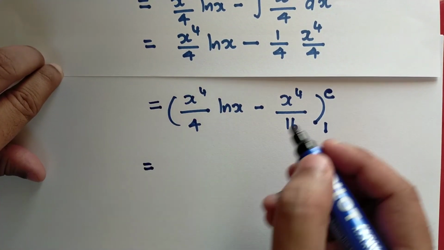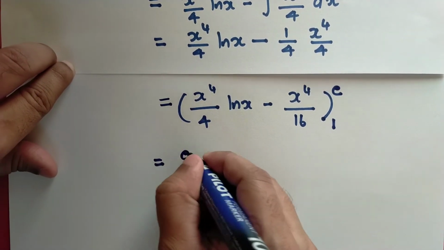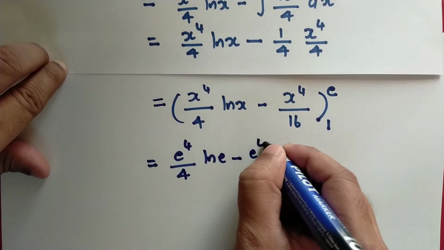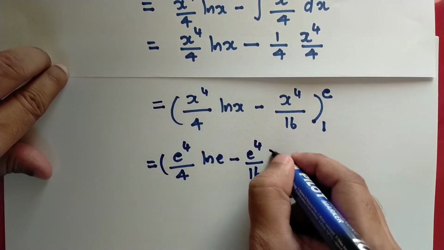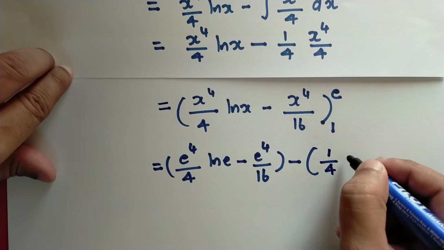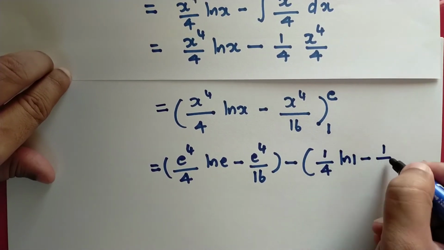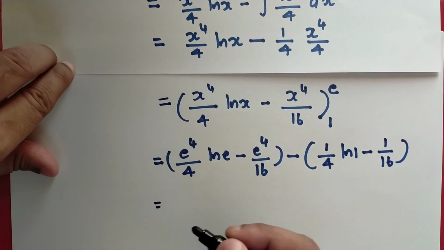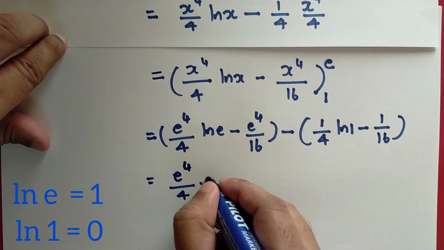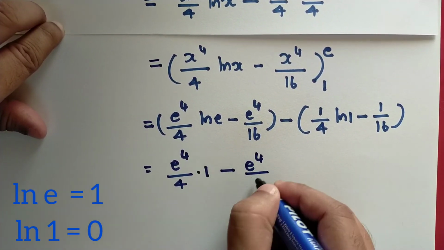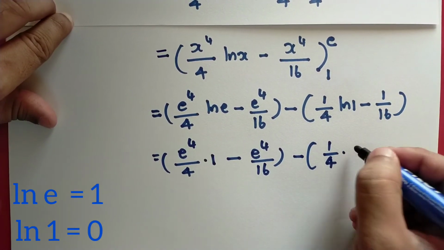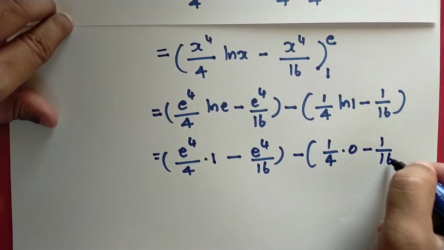So this is equal to, first we will substitute upper limit. So e power 4 by 4 ln of e minus e power 4 by 16, minus, then substitute lower limit. So 1 by 4 ln of 1 minus 1 by 16. This is equal to e power 4 by 4, the value of ln of e is 1, minus e power 4 by 16, minus 1 by 4, value of ln of 1 is 0, minus 1 by 16.